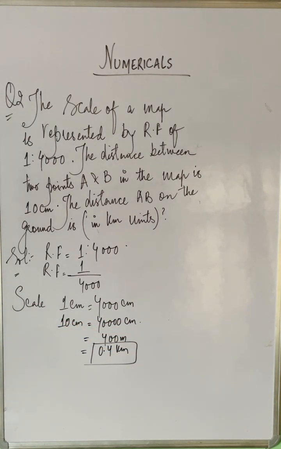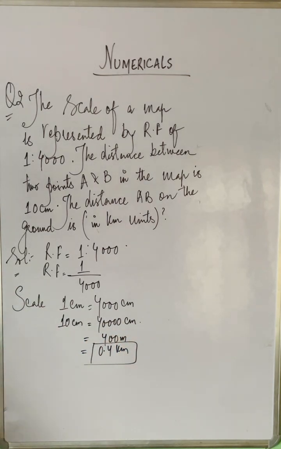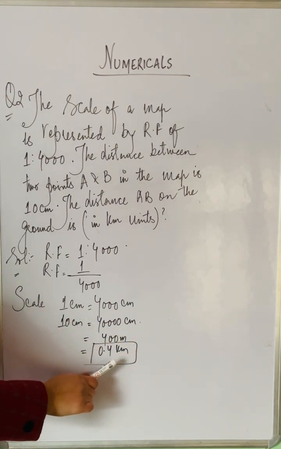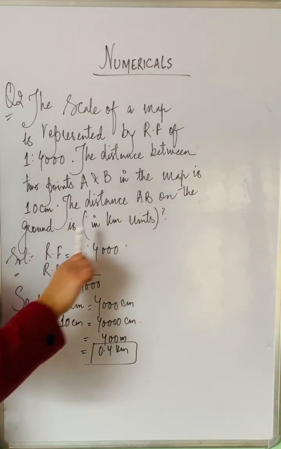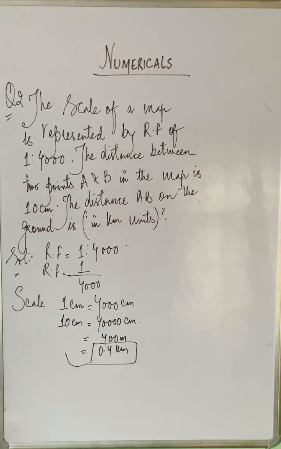That means every centimeter on the map will represent 4000 centimeters on the ground. So 10 centimeters will represent 40,000 centimeters on the ground, which is equivalent to 0.4 kilometers. So the distance AB on the ground is 0.4 kilometers. Let's move on and do the next question.